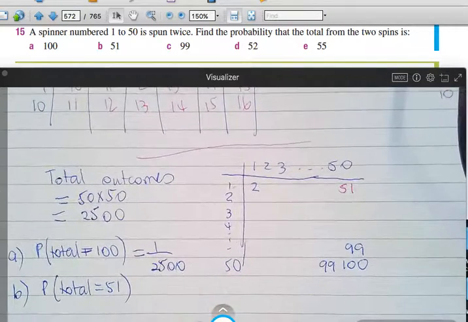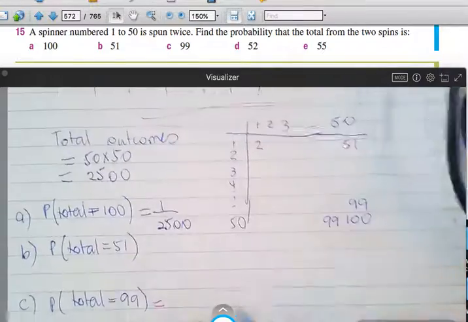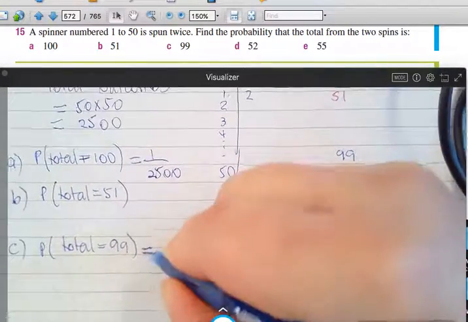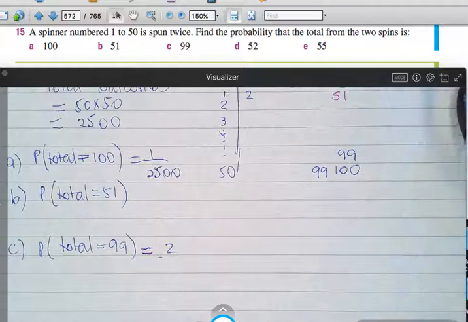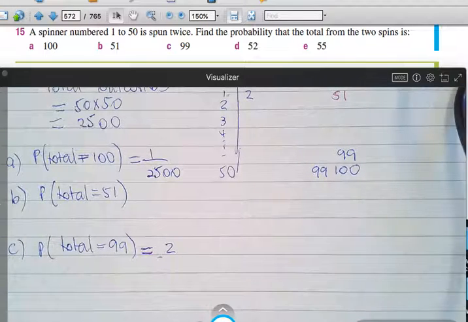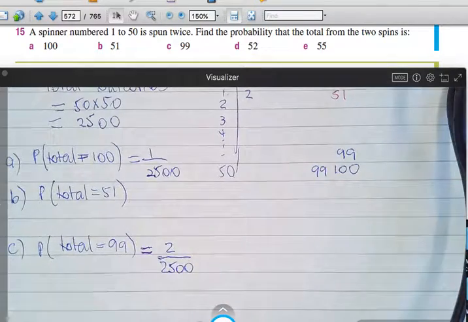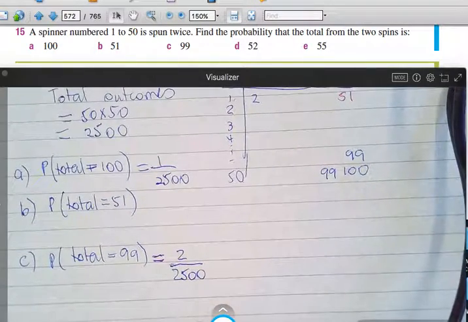There's no other way. So the probability of a total of 99, what is it? 2 out of 2,500. You can't go higher than 50. A 99 has got to be a 50 and a 49. There's no other way to get 99.